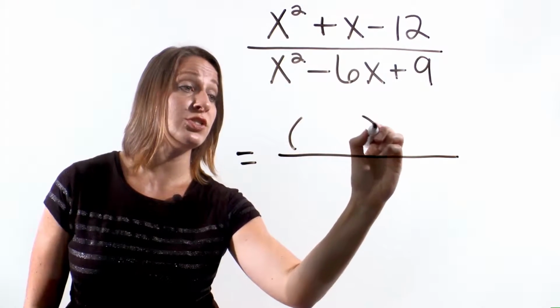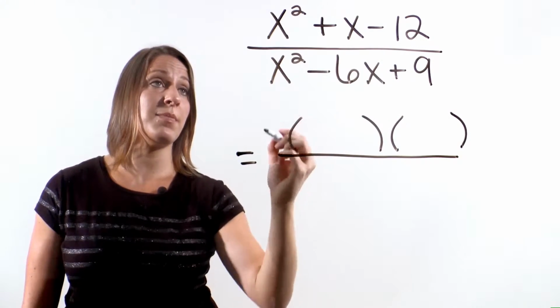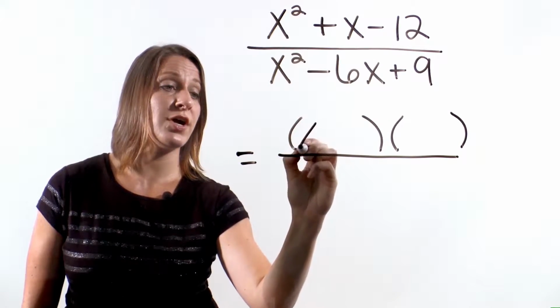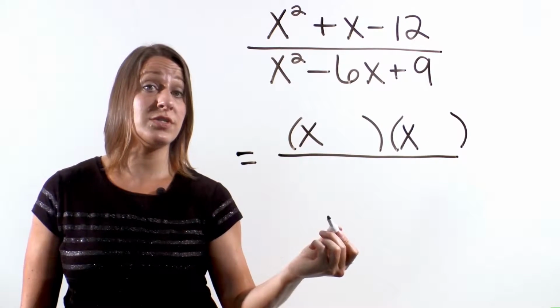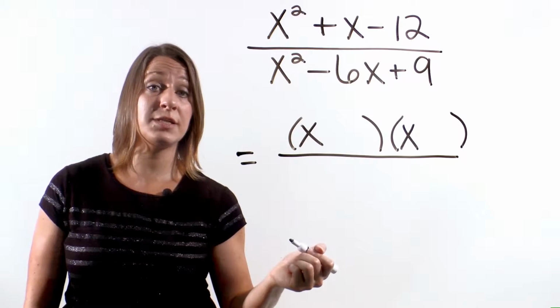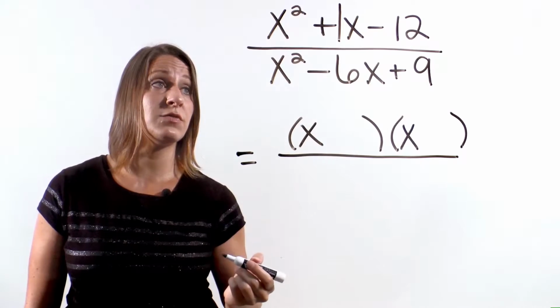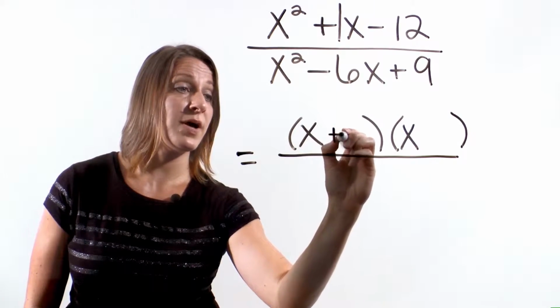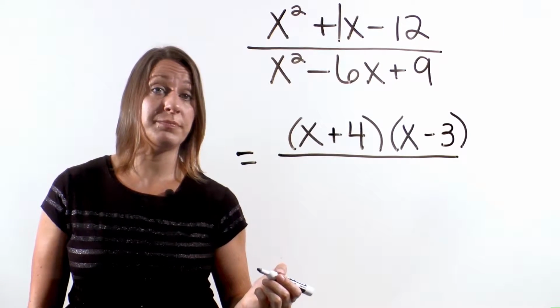I'm going to draw two sets of parentheses. Take a look at this top trinomial. We'll put our x's in place. Now we need two numbers that multiply to negative 12 and add to positive 1, which would be a positive 4 and a negative 3.